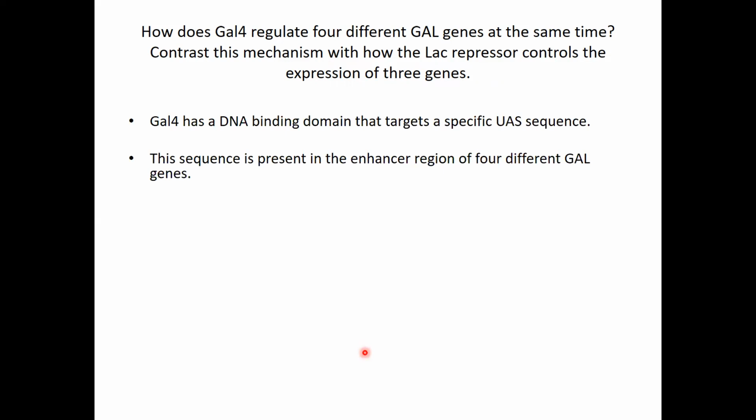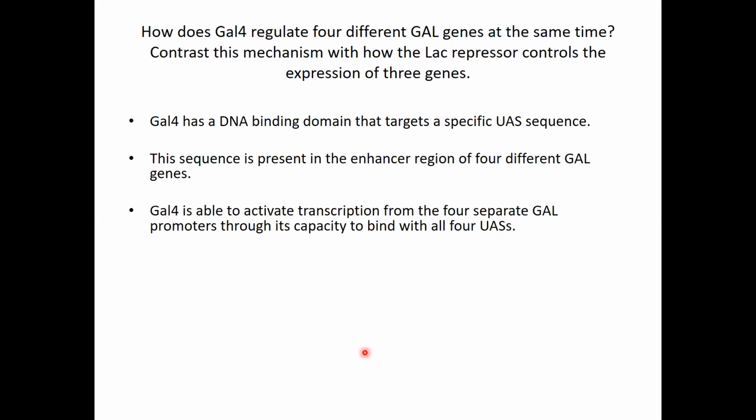This sequence is present in the enhancer region of 4 different GAL genes. And GAL4 is able to activate transcription from the 4 separate GAL promoters through its capacity to bind with all 4 UASs.